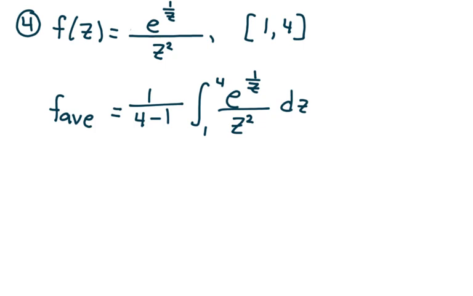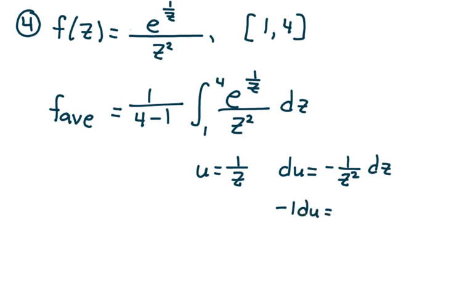So I would encourage a u substitution here. I would let u be 1 over z, and so du is negative 1 over z squared dz. And so negative 1 du is 1 over z squared dz.